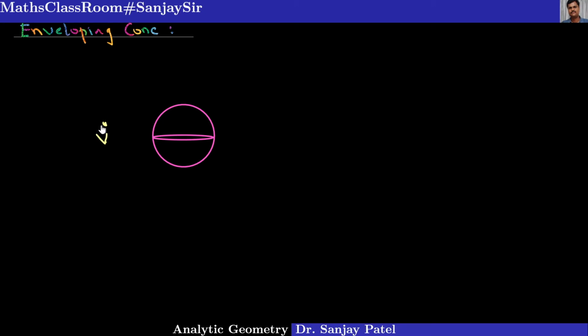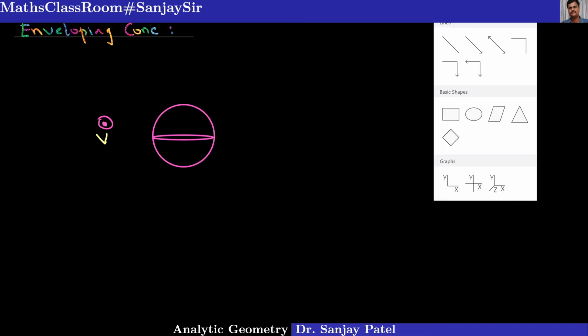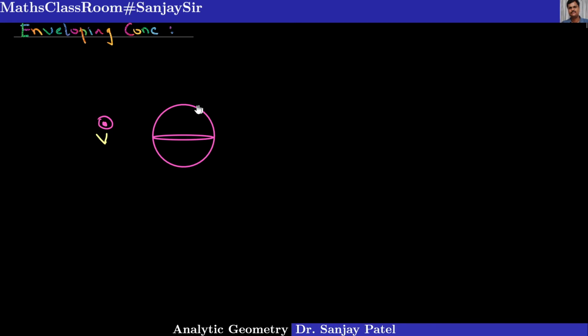So we take a line passing through this fixed point, and which is touching this given surface. In this case it is a sphere, so I am taking a line passing through this and touching this sphere, so like this.